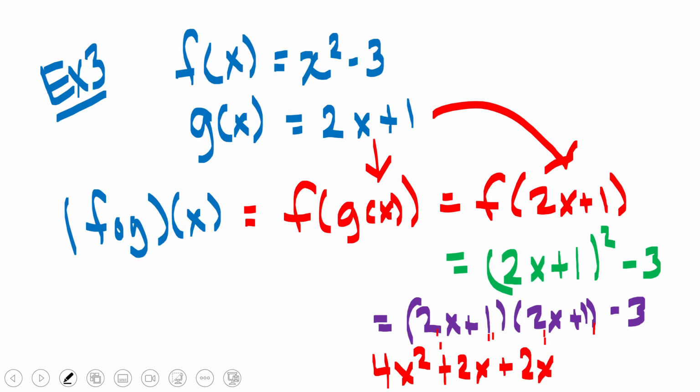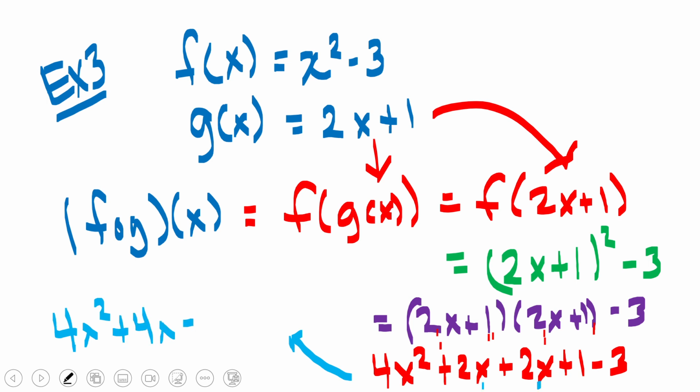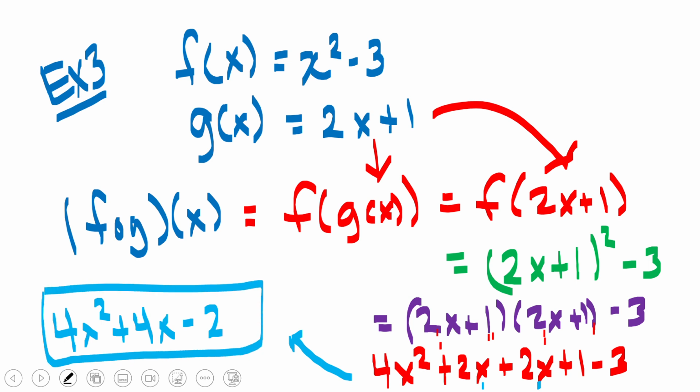And 1 times 1 is a plus 1, all minus 3. So now, I'm going to come over here for the sake of room. 4x squared plus 4x minus 2 is our final evaluation or simplified answer.